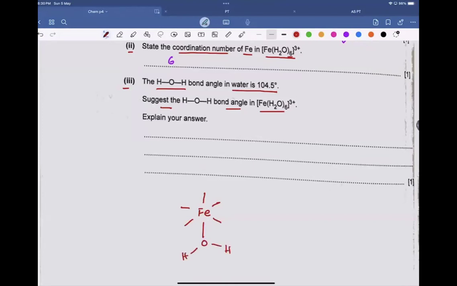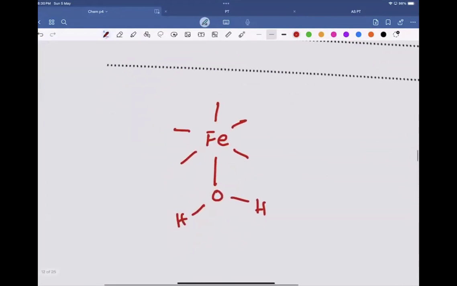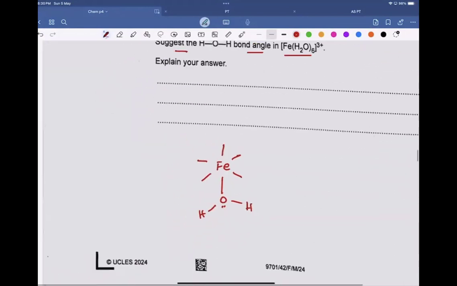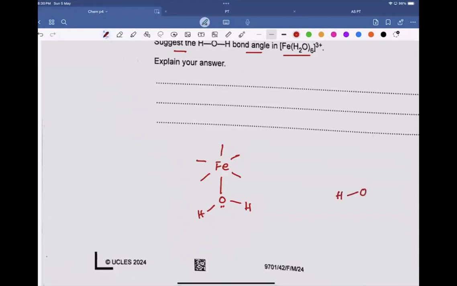Now when the oxygen is bonded, this oxygen has one lone pair left. If you recall the water molecule, it has 2 bond pairs and 2 lone pairs, which makes the bond angle 104.5. Now over here, this oxygen has 3 bond pairs and 1 lone pair.